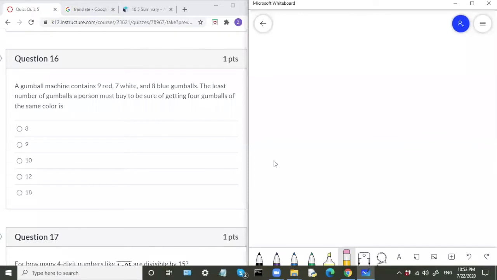Problem 16. A gumball machine contains 9 red, 7 white, and 8 blue gumballs. What is the least number of gumballs a person must buy to be sure of getting 4 gumballs of the same color?